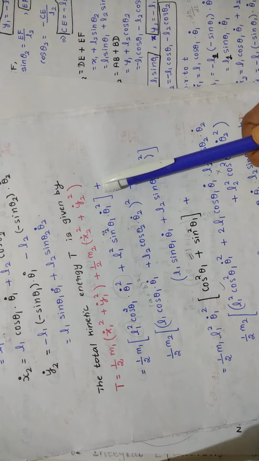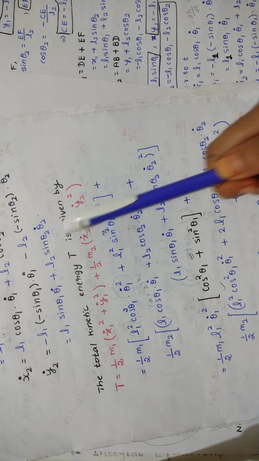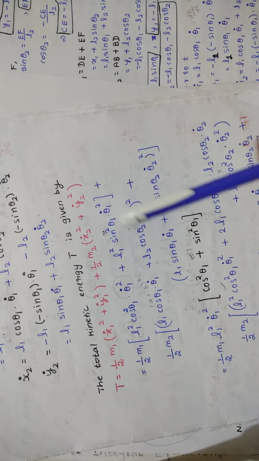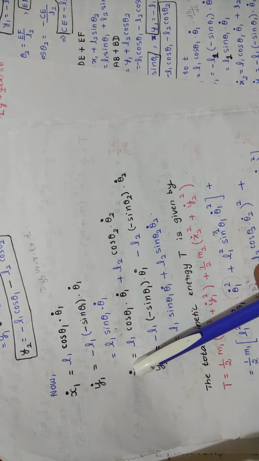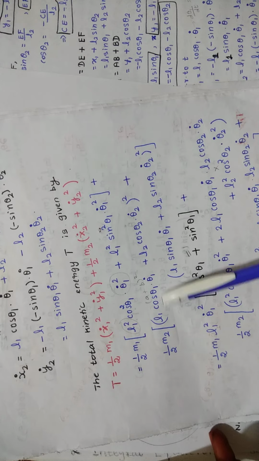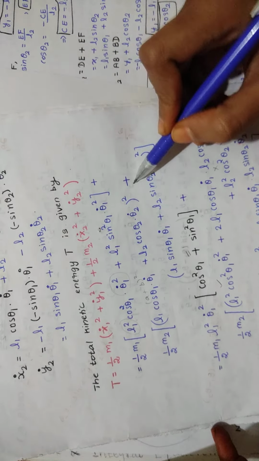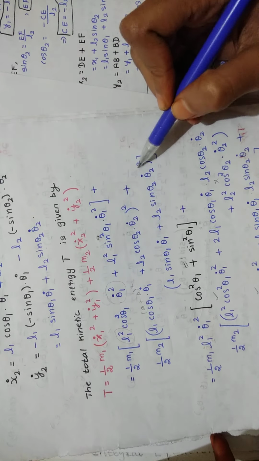Then put this plus and write 1 by 2 m2, and in the bracket you are going to write x2 dot square plus y2 dot square. We know the x2 dot value, so write the x2 dot value and put the square, then put the plus and write the y2 dot value and put the square.